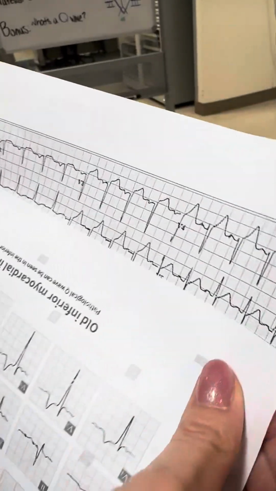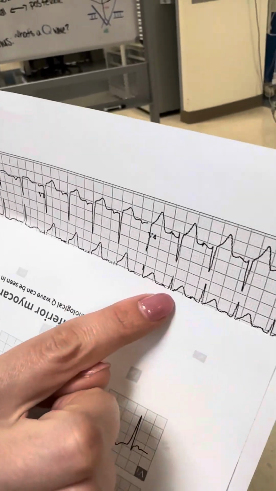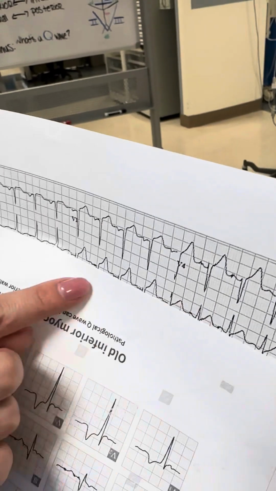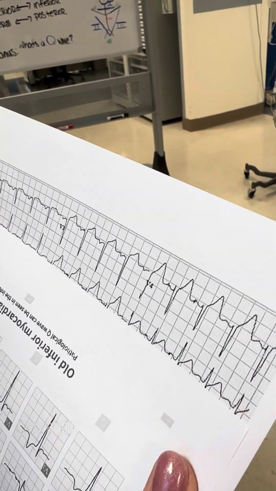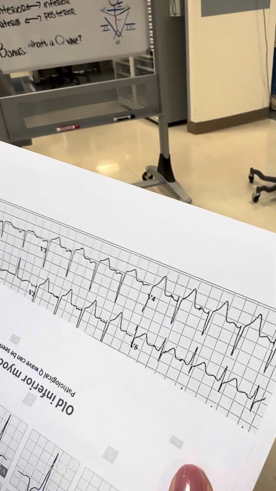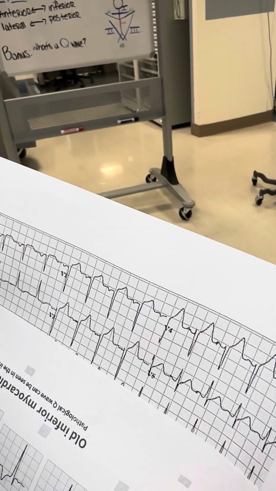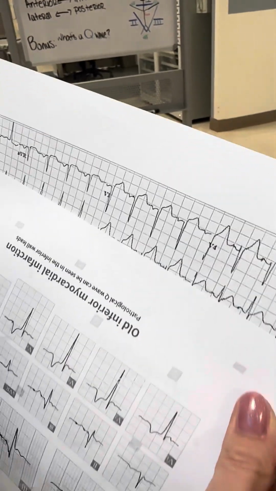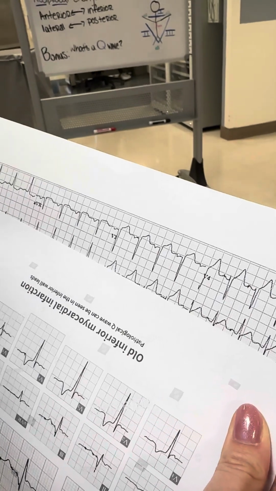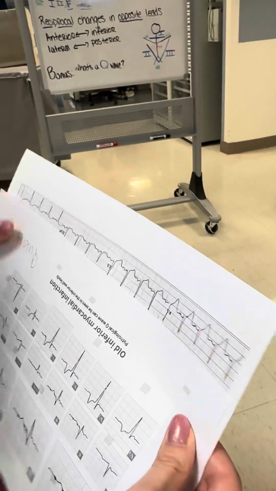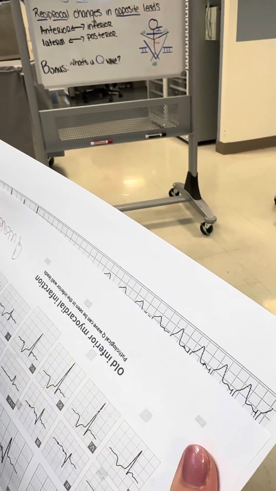Do you see how in V5 the T wave takes off from that line, but in V2 it doesn't? See how the S wave comes back, but the T wave takes off from above. So that's the ST elevation. Same thing with V1.